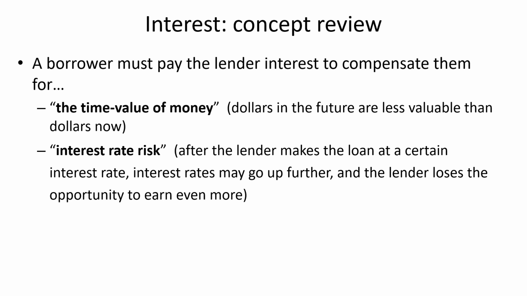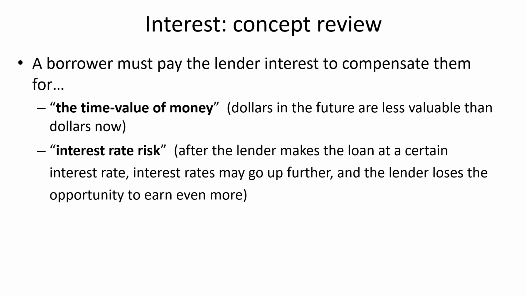And this is something we haven't talked about yet. If I loaned you some money right now, and we agreed on a 5% interest rate, but then something happened in the economy, interest rates went up, and now tomorrow, what if all of the loans are being given out at 10% instead of 5%?